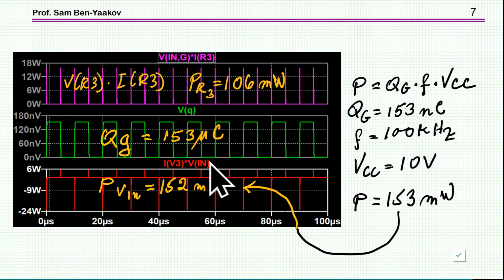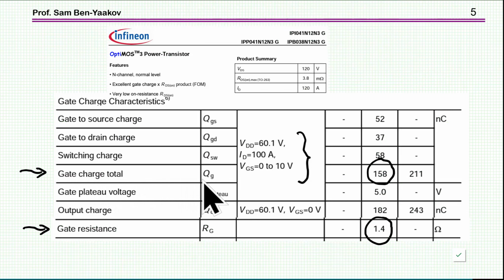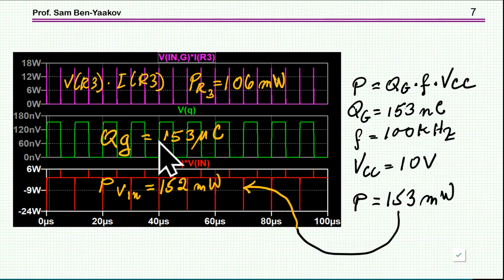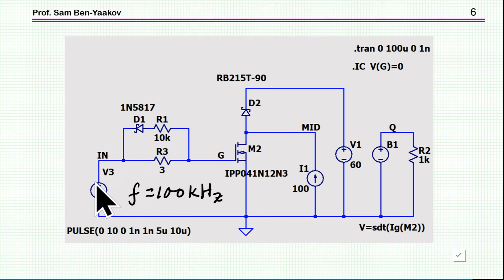And here what I see, first of all, let's start with this gate charge. You see that it goes high when charging, low when discharging, high and low. And this value here is 153. And as you recall, the specified charge is 158. Well, that's close enough. And then I have here the total power that goes into the system. I'm getting it by measuring the voltage and multiplying it by the current of this source.